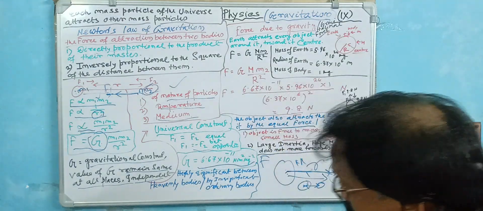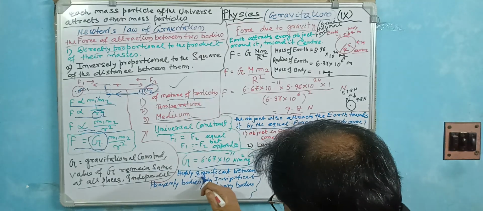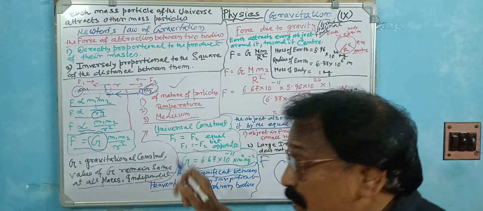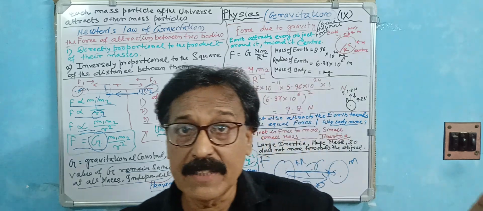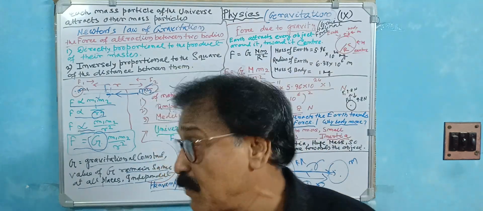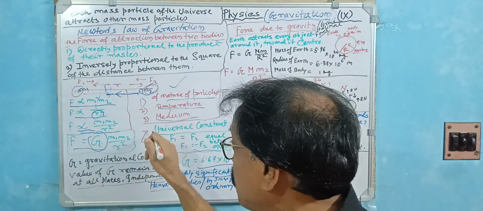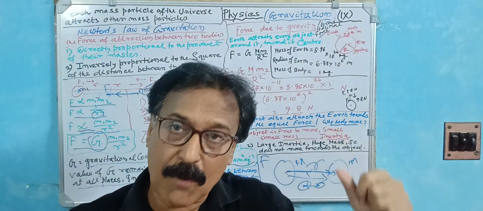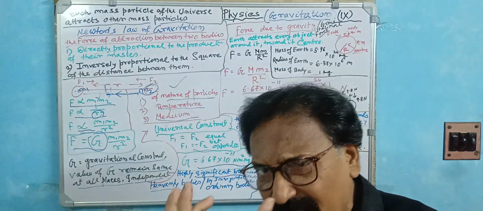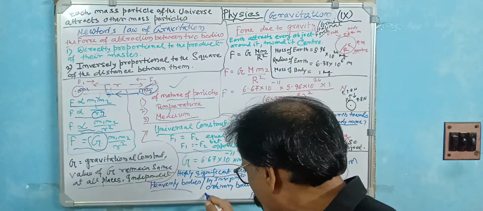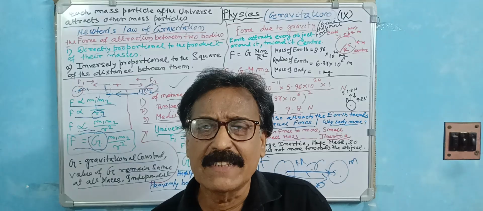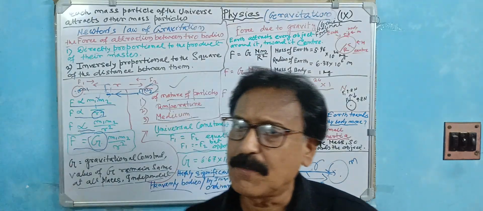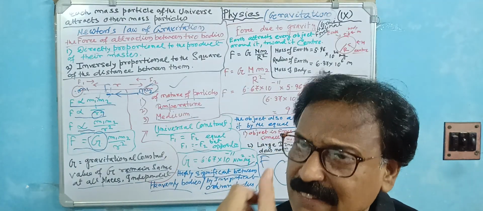This is the value. Now, it is highly significant between heavenly bodies. This is the universe. For heavenly bodies, the mass is huge. Here G is very applicable to the force. Huge mass, huge force developed. But for ordinary bodies it is very insignificant. Suppose 2 kg, 1 kg, 3 kg, 5 kg: the force developed is very subtle, very small.